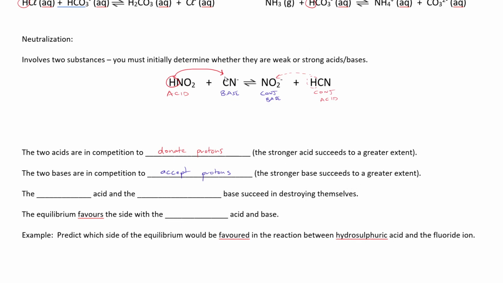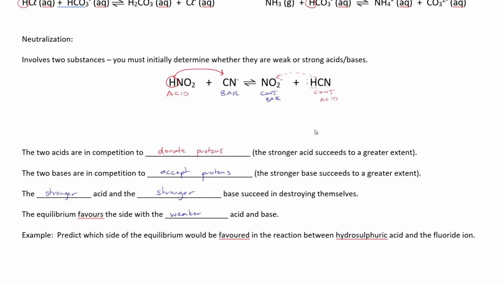So if this is a stronger base, then the forward reaction would happen more because this species will accept protons more than this species will. So the stronger acid and the stronger base succeed in destroying themselves, and what that means is that basically that reaction will happen more. So the equilibrium favors the side with the weaker acid and weaker base.